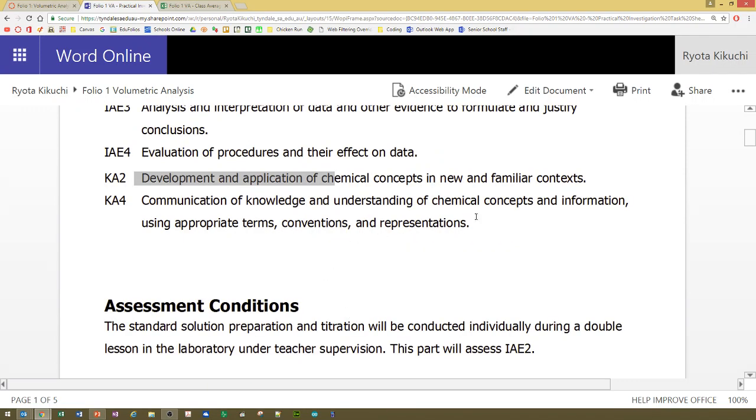And finally, KA4, communication of knowledge and understanding of chemical concepts and information using appropriate terms, conventions, and representations. So how well you do the presentation. It's communication, okay? If you're using graphs, charts, equations, and units properly, you are doing the communication well.